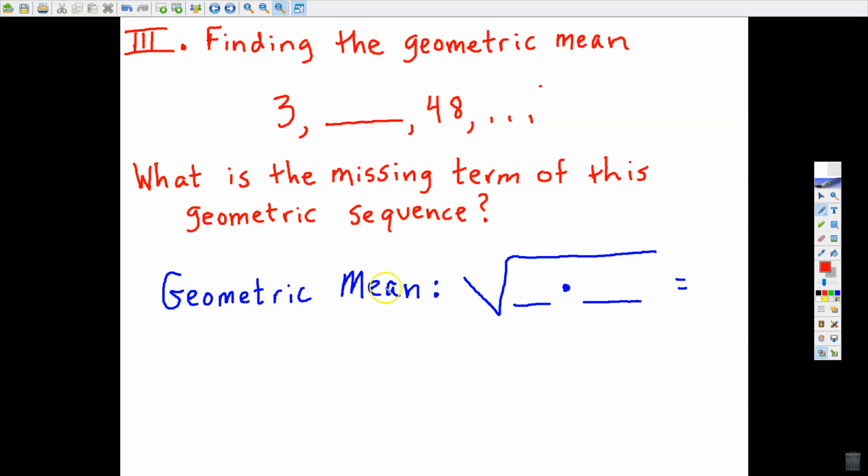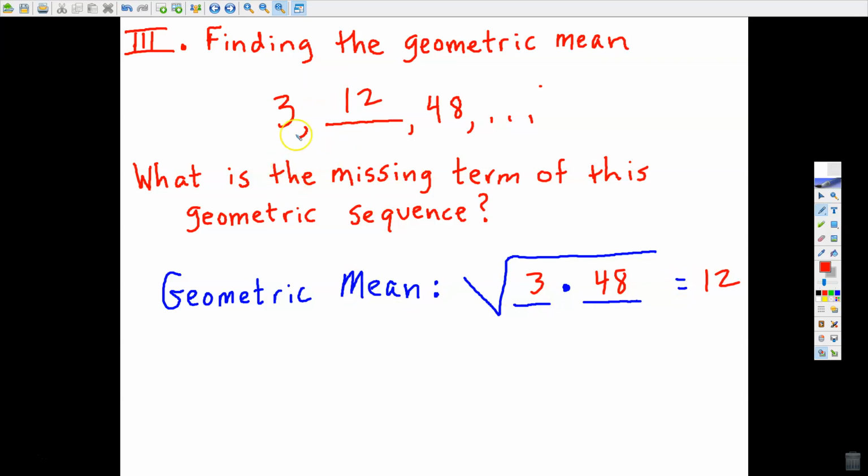Really pretty easy. It's the square root of the product of the two outside numbers. So go to your calculator, and you're going to do the square root of 3 times 48. And you get 12, and that is that missing term.